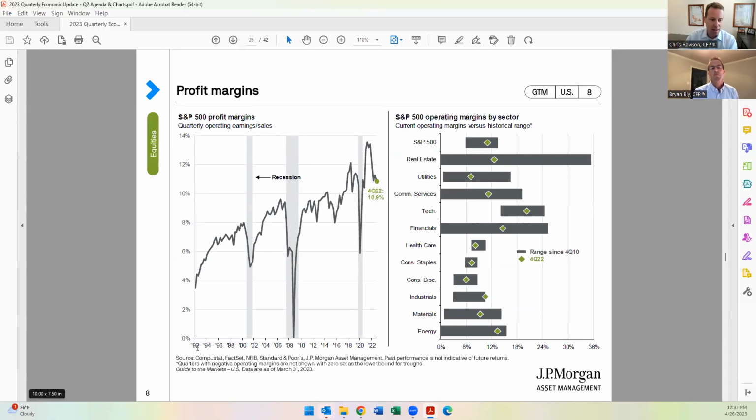When you go back 30 years, and this is the largest 500 companies in the US, profit margins typically had been lower. Sure, they went up slightly before COVID, then everything got shut down in COVID, and profit margins have risen. But it's not the end of the world if some profit margins go down, in part because we're having to pay people more for labor, since we need to keep the employees, so they're paying to retain them.